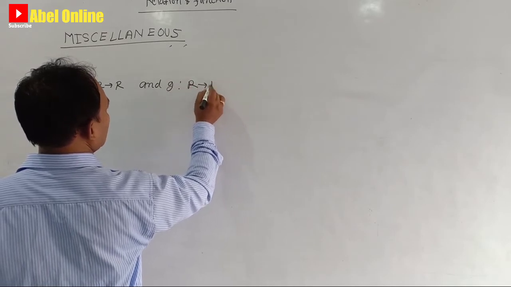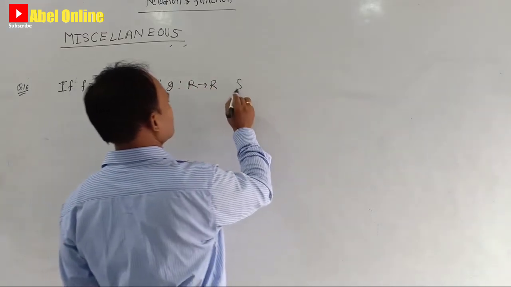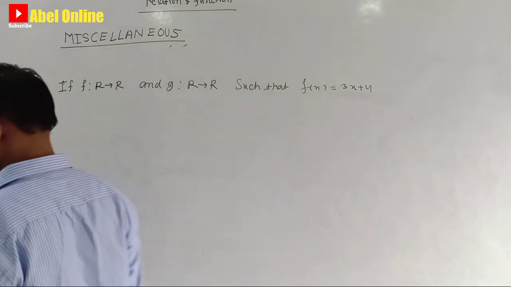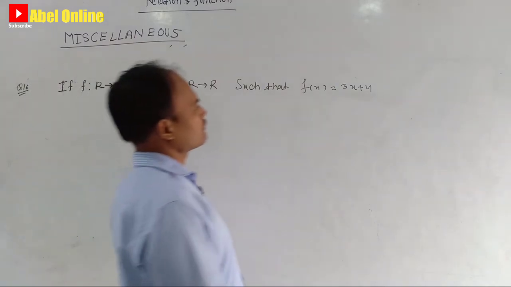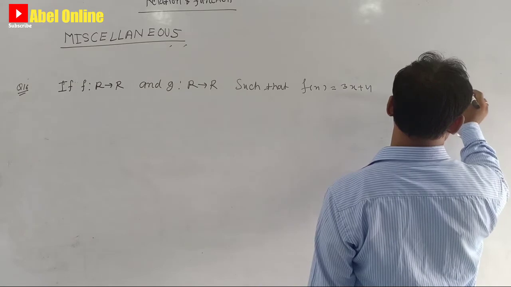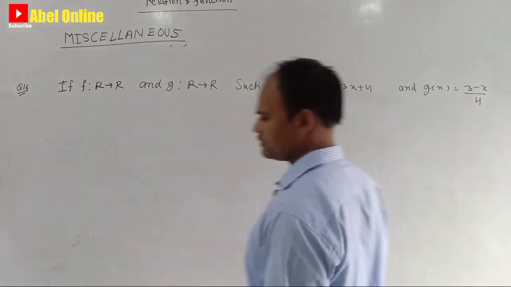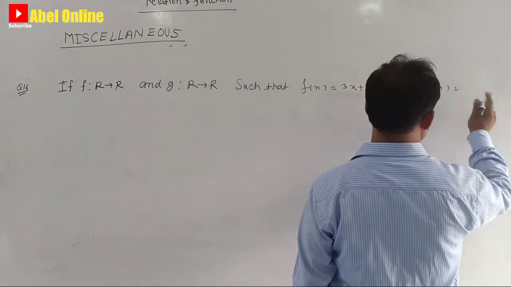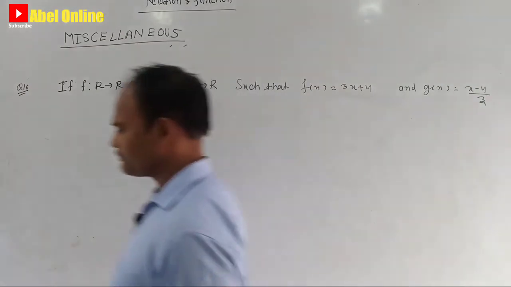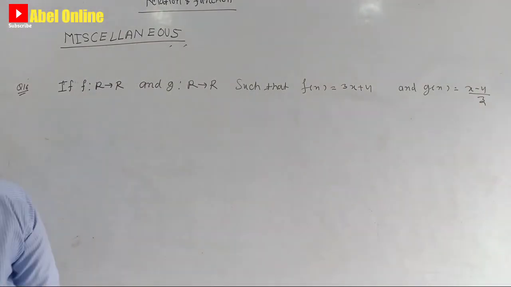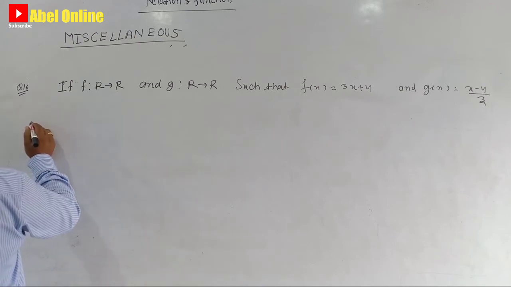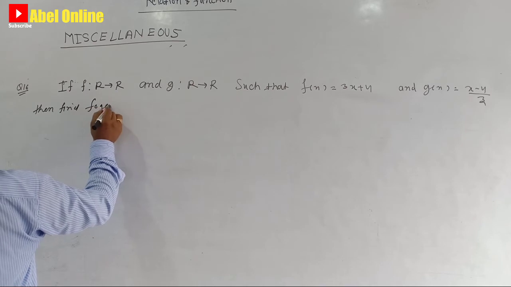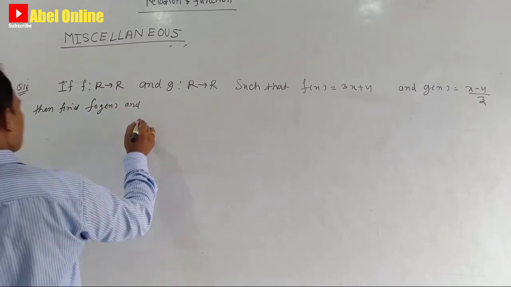If f: R to R and g: R to R are such that f of x equals 3x plus 4 and g of x equals x minus 4 by 3, then find fog x and gof x.